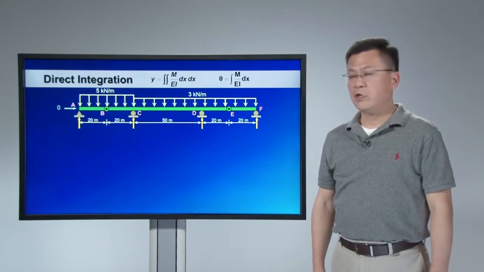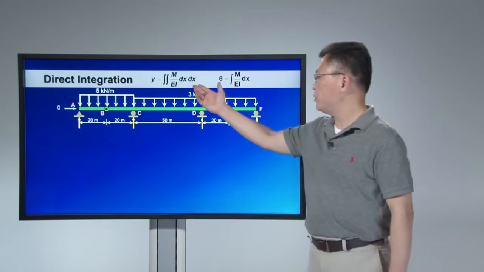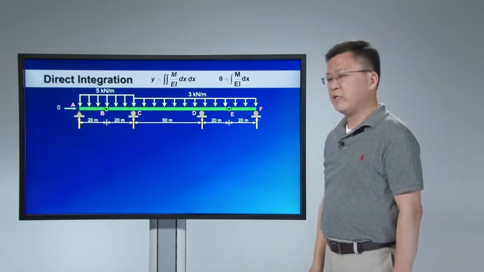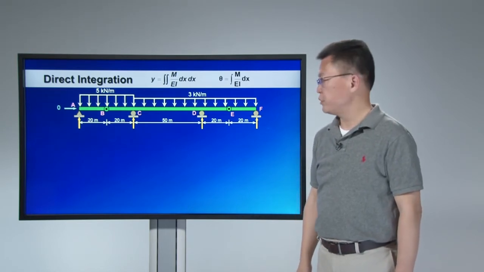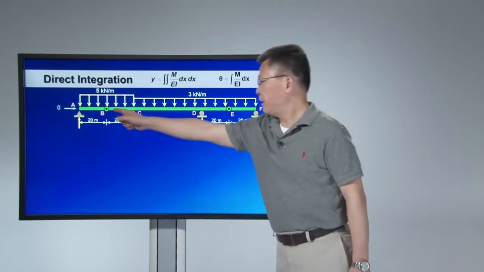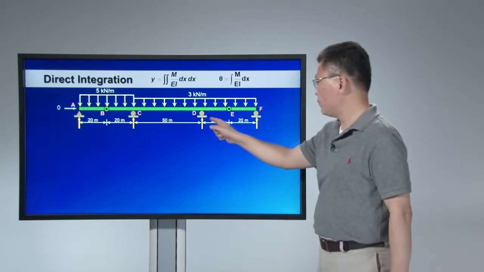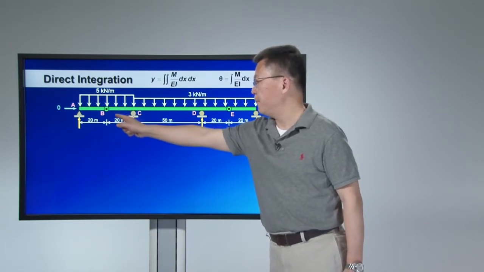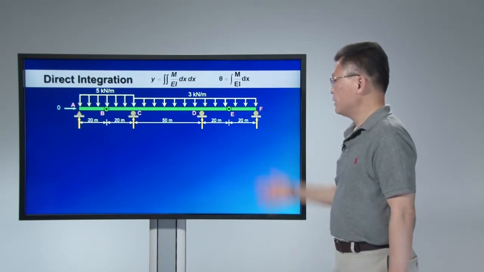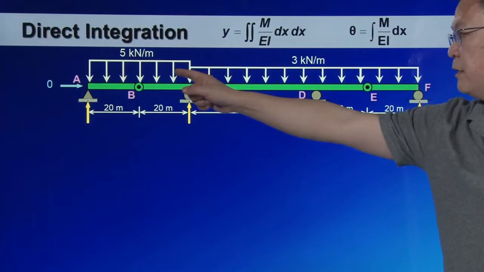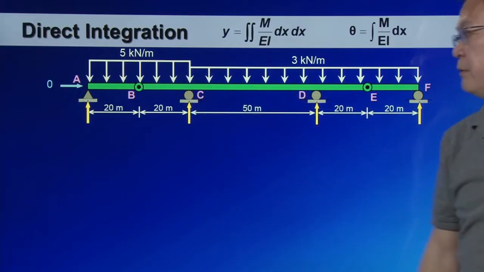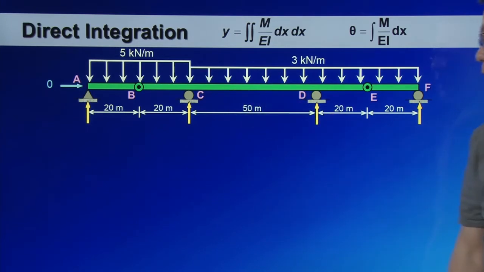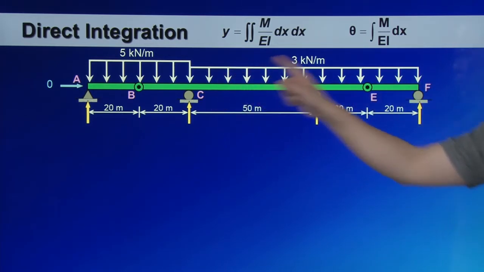I'm going to use this structure to illustrate how we can use the two equations to obtain displacement and rotation of the structure. This has a hinge support, then roller support, roller support, and roller support, and inside there are two internal hinges at B and E. The structure is loaded by distributed loads of 5 kilonewton per meter between A and C, and 3 kilonewton per meter between C and F. Notice that this is a determinate structure.